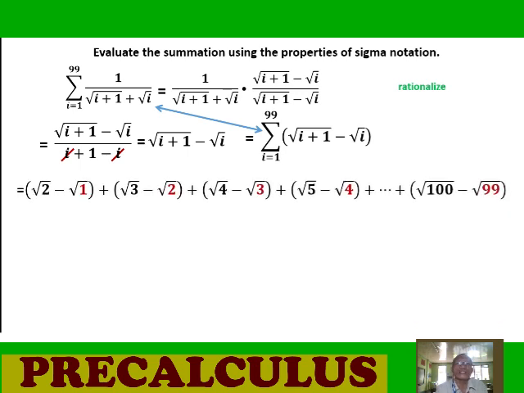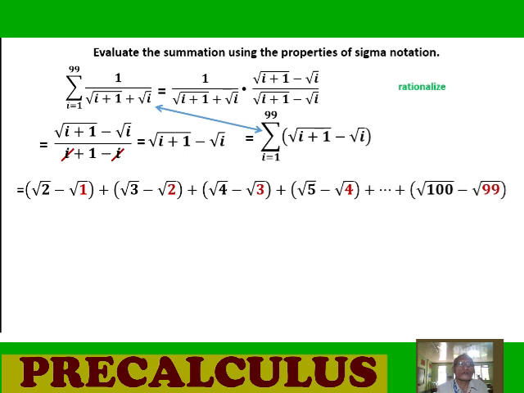Okay, substituting i starting from 1, so i plus 1 becomes 1 plus 1, or square root of 2 minus square root of 1. And the next succeeding term, square root of 3 minus square root of 2, plus square root of 4 minus square root of 3. And the last term is the square root of 99 plus 1, which is 100, minus square root of 99.